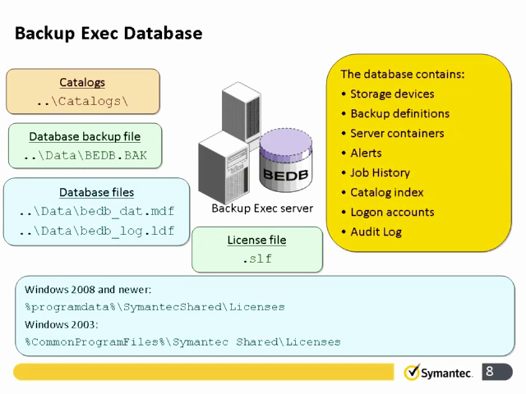The license file will be created for you automatically if you type in the license numbers, or you can import the SLF that Symantec sends you as part of your email. If you're on Server 2008 and newer, that license file will be under ProgramData, Symantec, Shared, Licenses. If you're on Windows 2003 or older, it will be under Program Files, Symantec, Shared, Licenses.